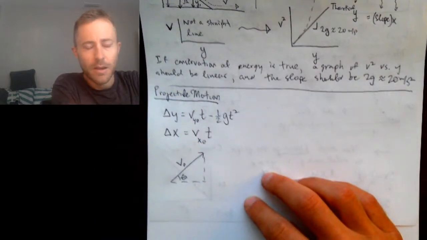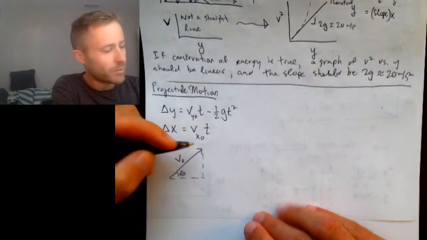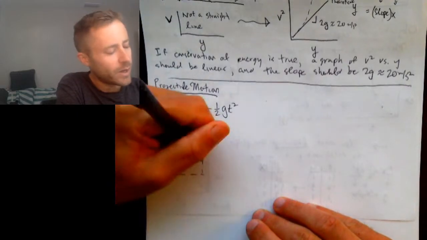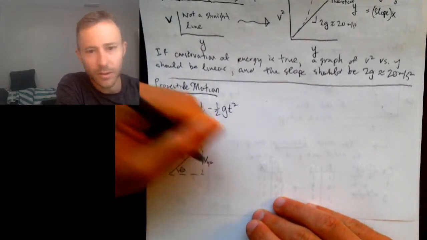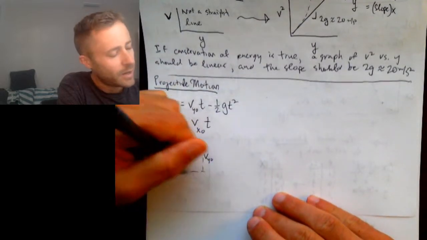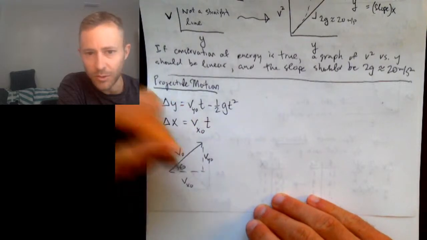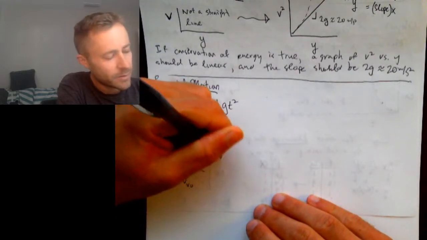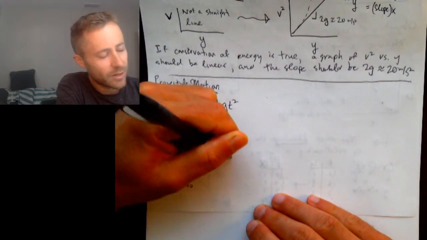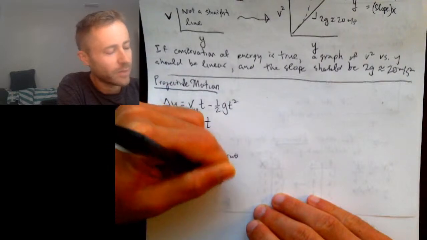So we can make a velocity triangle, and the vertical component is the y component of the initial velocity, and the x component is the x component of the initial velocity. We would use trigonometry. This is opposite the angle, so that would be v naught sine of theta. This would be v naught cosine of theta.